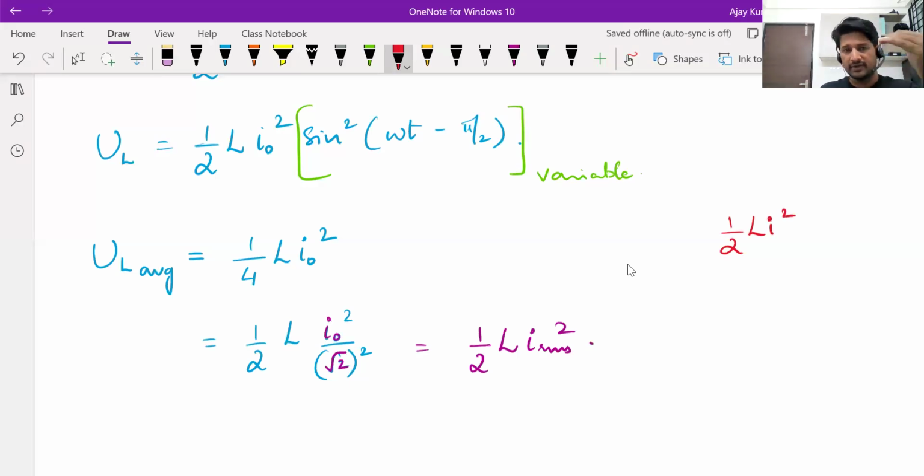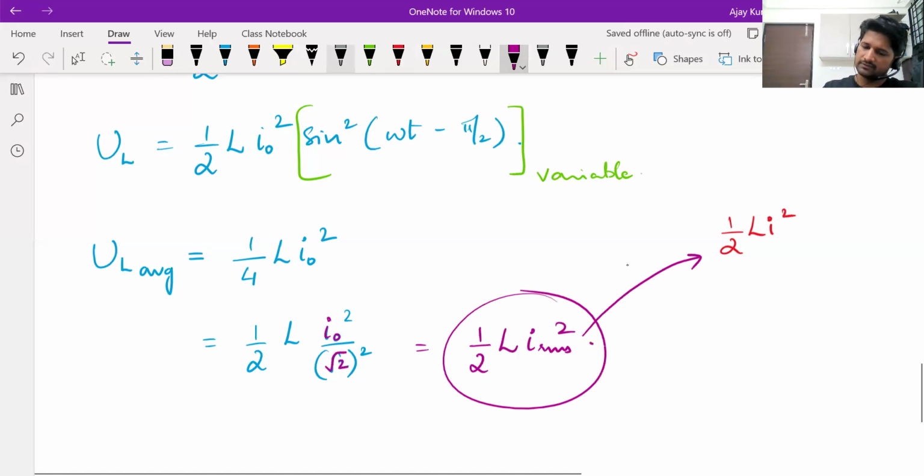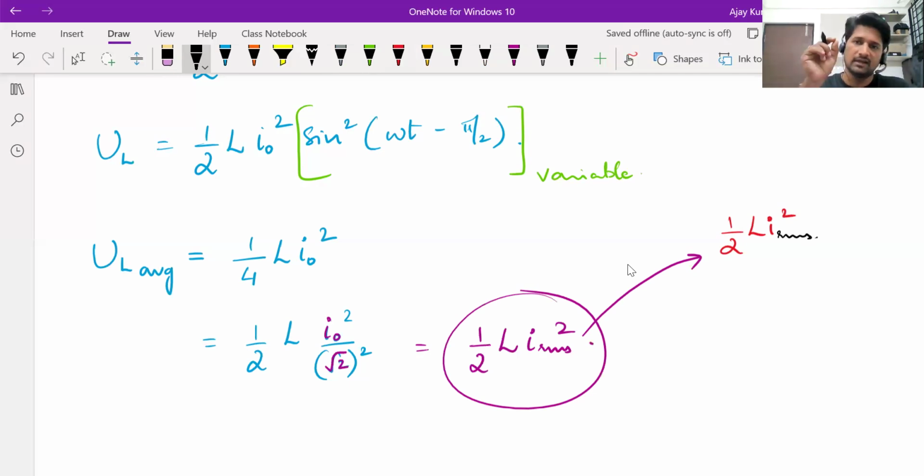Now, when an alternating current is flowing through the inductor, we got the energy stored in it as this. This will be equal to this if the current is equal to the RMS current. So for an alternating current, we can define RMS current this way: RMS current is the constant current which would make the inductor store the same amount of energy as this alternating current is making it store.